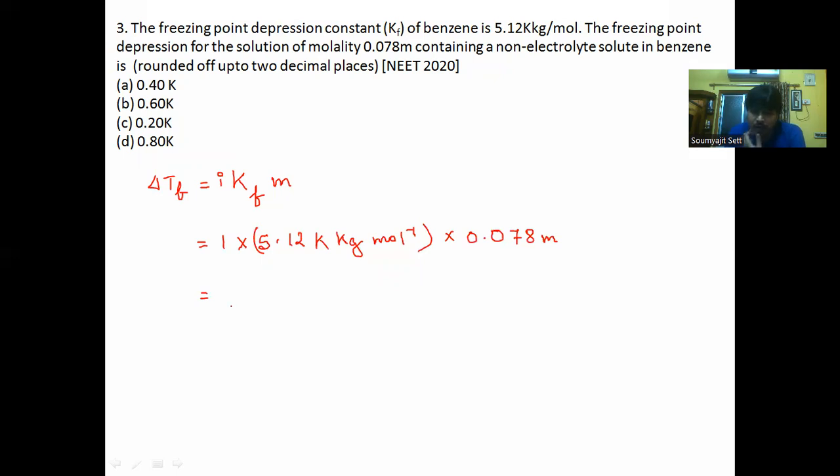So the value will be, after calculation, 5.12 into 0.078, that is nothing but almost around 0.4. So that is option E. Option A is the correct answer.